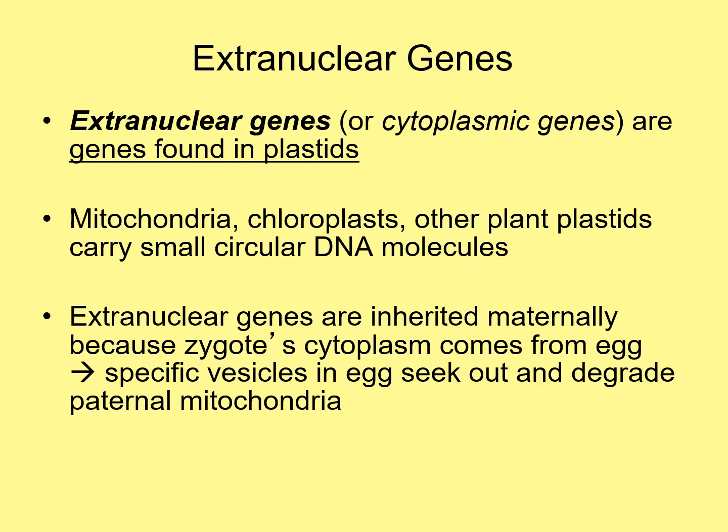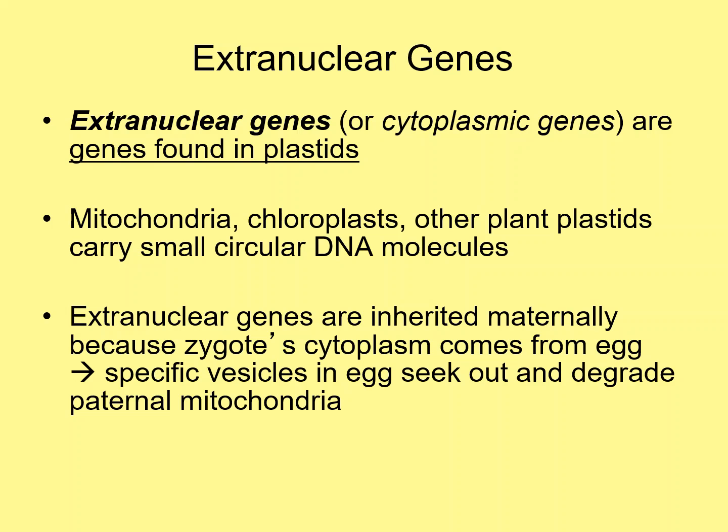They secrete digestive enzymes and break down the paternal mitochondria right after fertilization. So the paternal mitochondria get wiped out by the maternal mitochondria. It's like, wow, that's pretty dirty pool. Pretty vicious. And so all that's left are the maternal mitochondria.